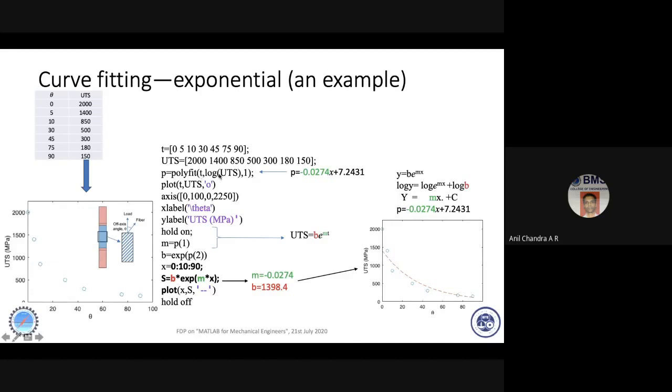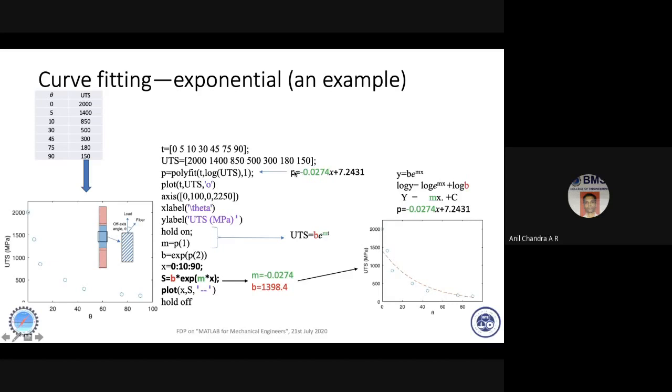X comma Y, and I said polyfit first order. What will it do? It will return the values of m and c. It's a slope, right? So that is the polynomial for y equals mx plus c.